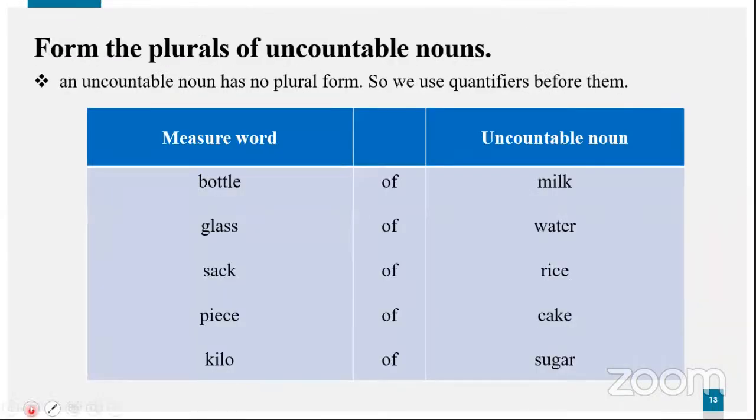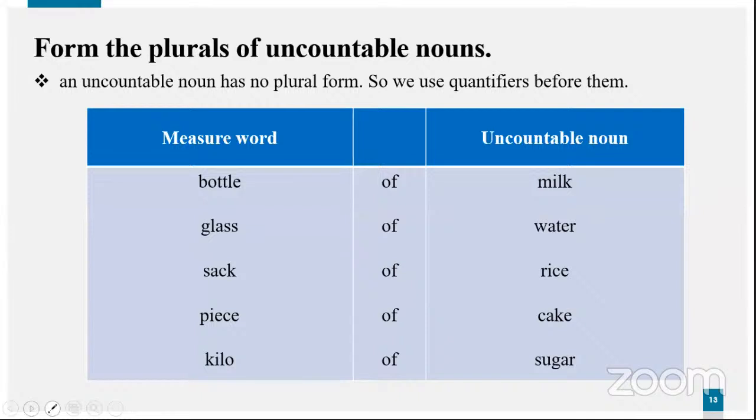Right, form the plurals of uncountable nouns. Already we know there's only singular forms of the uncountable nouns. So we can make some plurals of uncountable nouns, right? But we can't add s to make them plural.